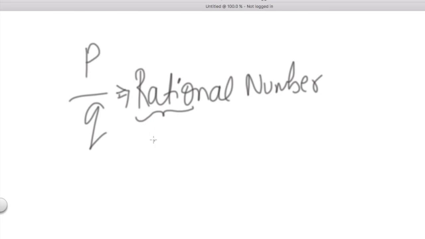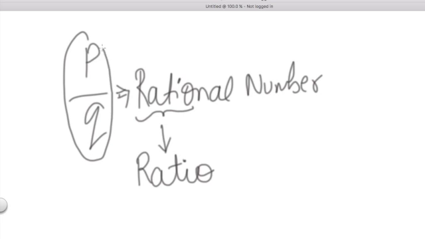It comes from the word ratio, which means rational numbers are numbers which essentially have a ratio. And when I am saying ratio, I am referring to P by Q.